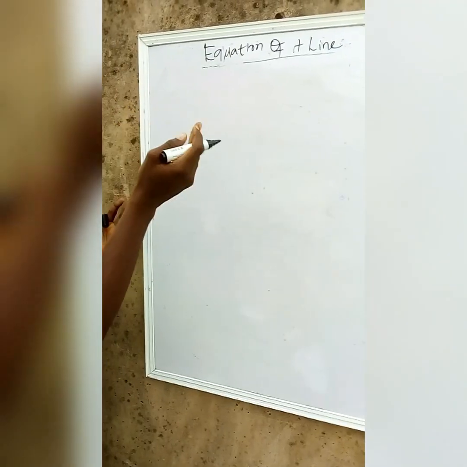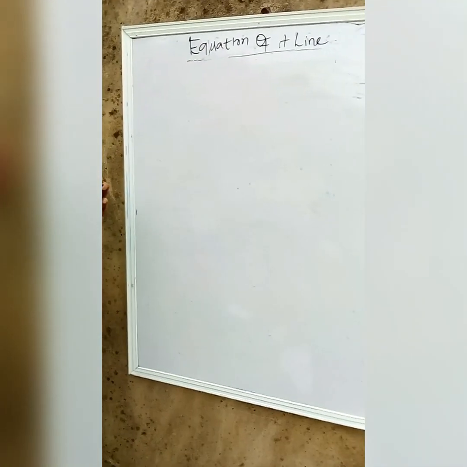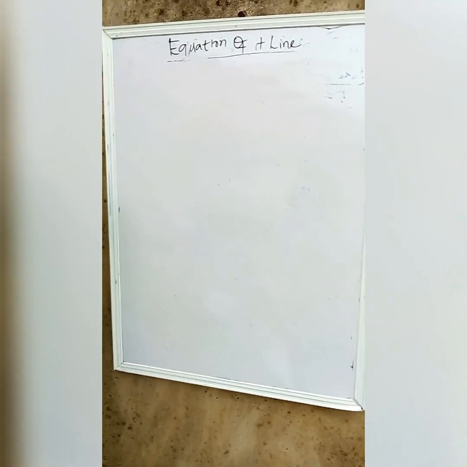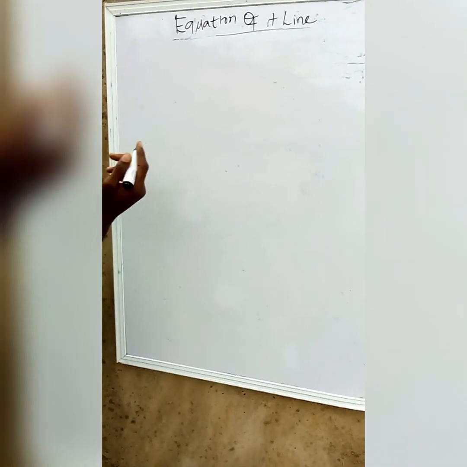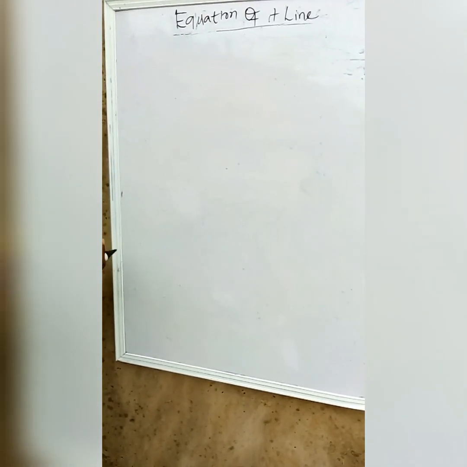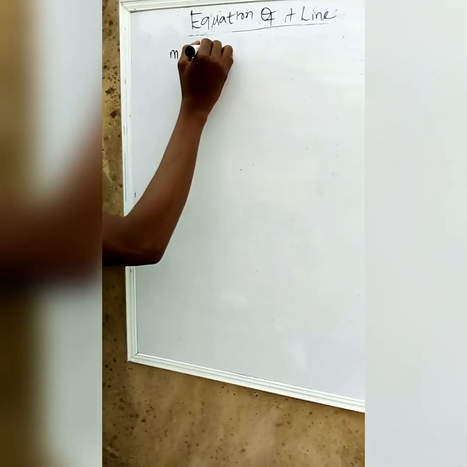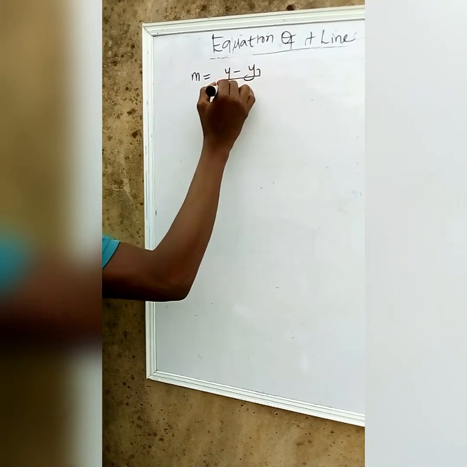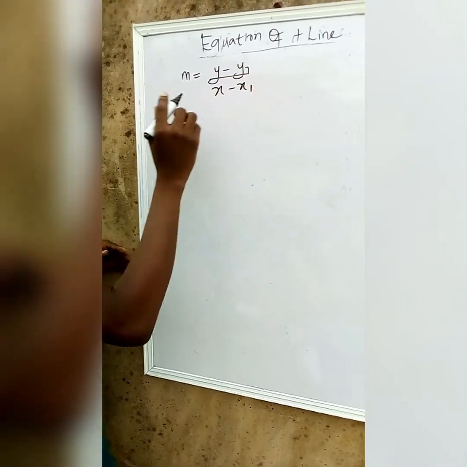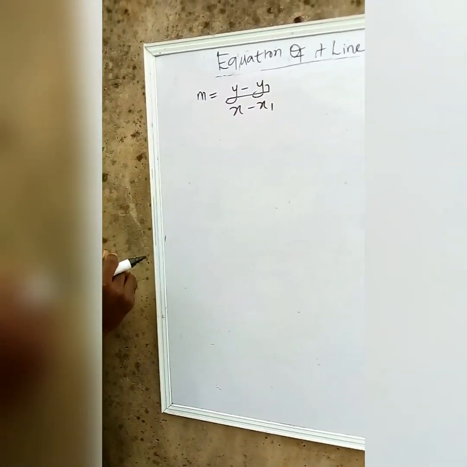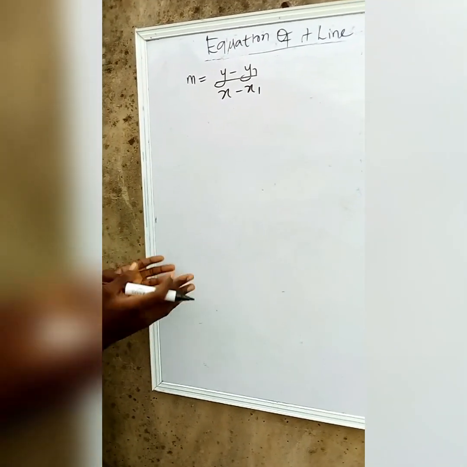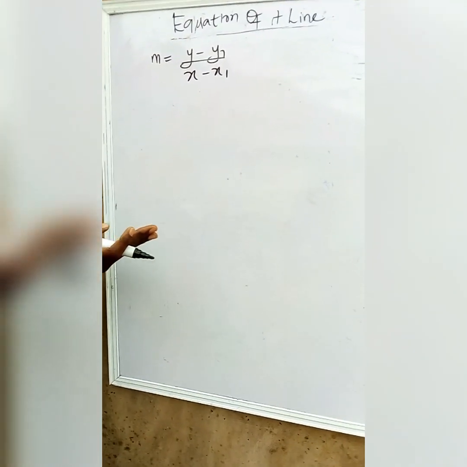Thank you. That was the one gradient point form, and we said that's when you know your gradient from the question. Now, what if you don't know your gradient? Which formula will you use? Let's go back to that one where we know our gradient: m is equals to y minus y1 over x minus x1. That's the formula for the equation of a line. In a situation where you don't know your gradient, you have to get your gradient from the points you are given in the question.